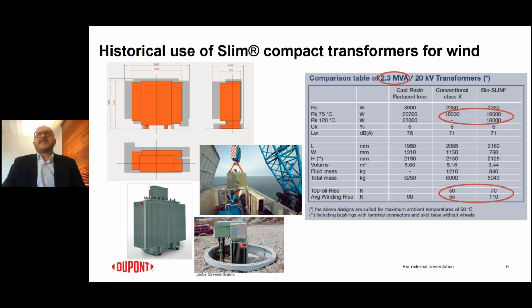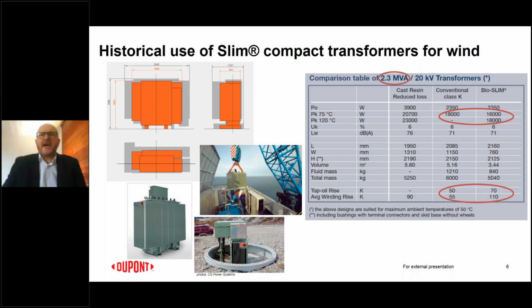So the example of the characteristics for such a transformer is based on the typical 2.3 MVA, which was typically the size of the transformer for the 2 megawatt turbine at that time. This is a comparison of the conventional transformer and the bioslim transformer, the high temperature, compact transformer with the synthetic ester liquid. On the bottom, it shows the temperatures in the transformer.